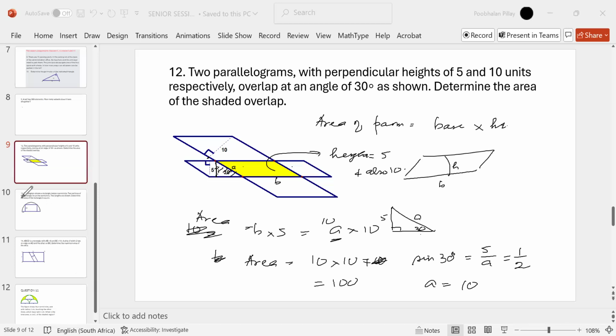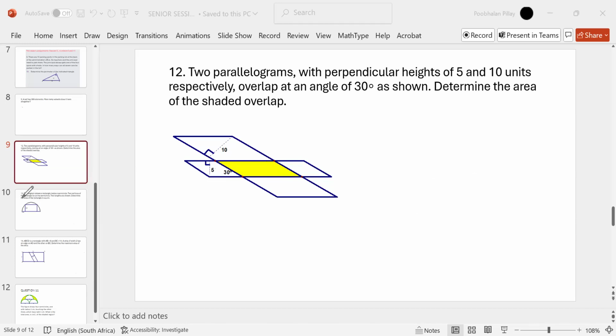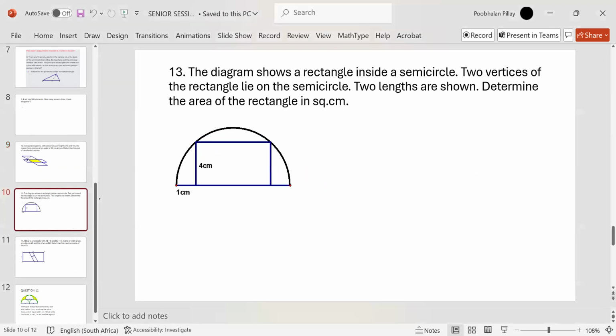Okay, I took too long over the other one, so I'm going to rush through these. The next problem is this one. The diagram shows a rectangle inside a semicircle.